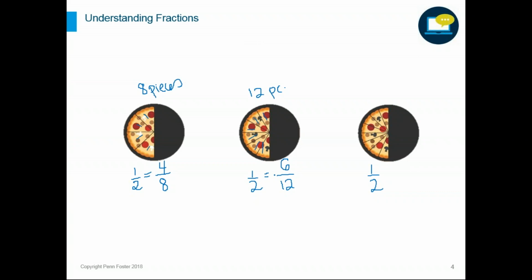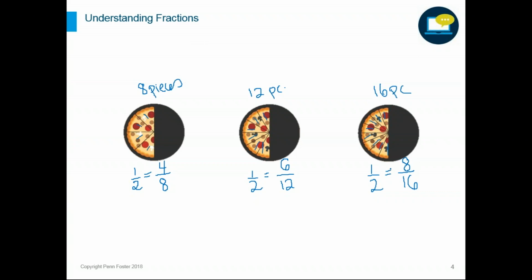They are equivalent fractions or equal fractions. And the same way for the third one, which originally had 16 pieces. I'm able to represent the remaining pieces as a fraction with a denominator of 16, and then count the remaining parts, 1, 2, 3, 4, 5, 6, 7, 8. So 8/16 is equal to a half.